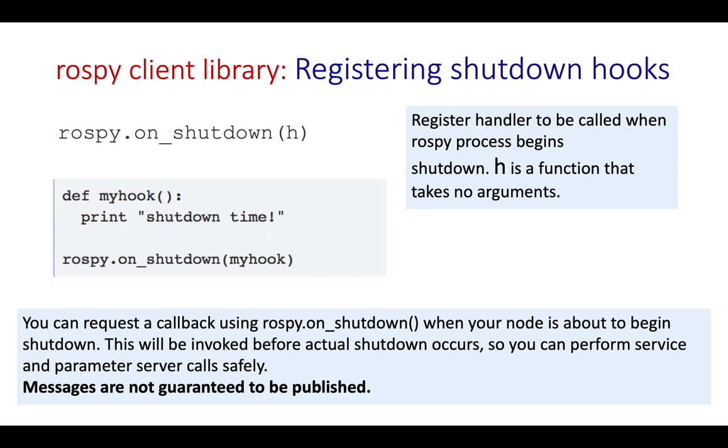So if the Hokuyo node gets killed for whatever reason, you can have an on_shutdown function or a handle within that node which does something for safety of the car, so it stops, because it's essentially running blind if it has no LiDAR data. We'll revisit this later, but this is also part of the killing process of the node.